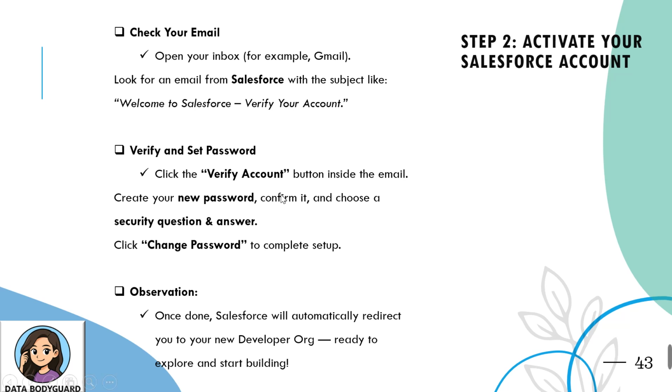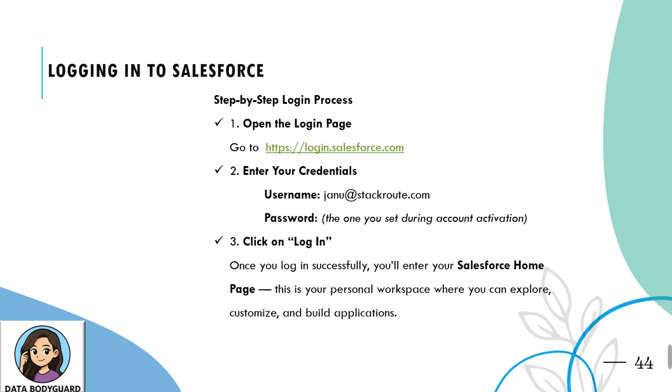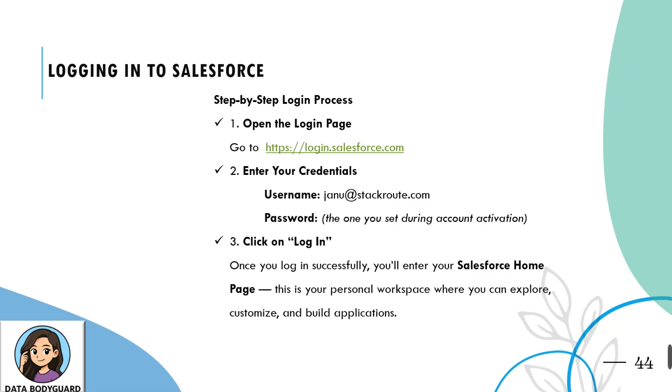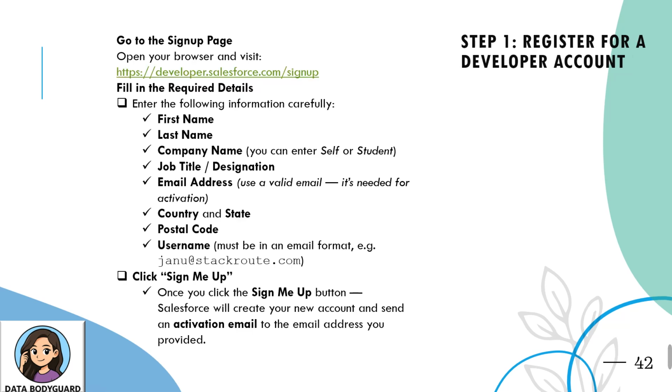Once you click on verify for that particular account, you have verified the first time and it was redirected to the developer org. Next time when you are logging in, how do you log in? For that, just open the browser and type login.salesforce.com. Whatever credentials you provided while creating the developer account, you have given one username, right?